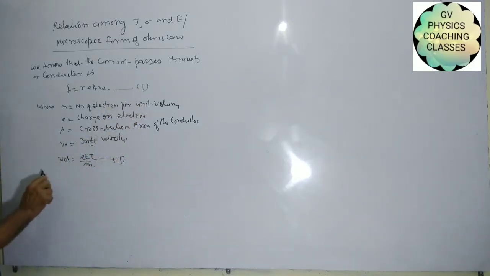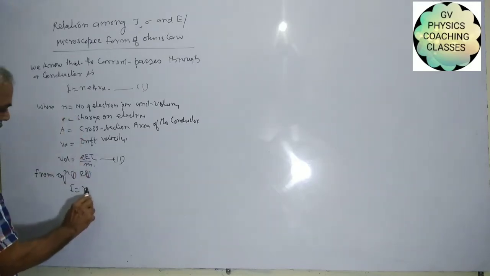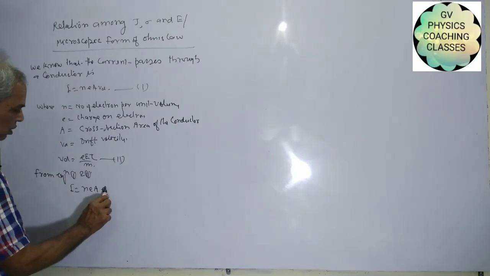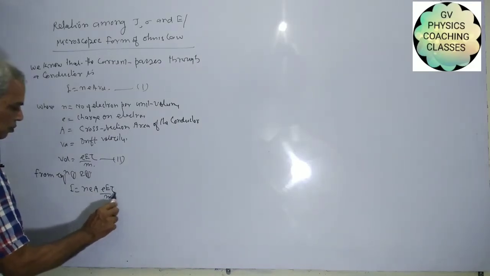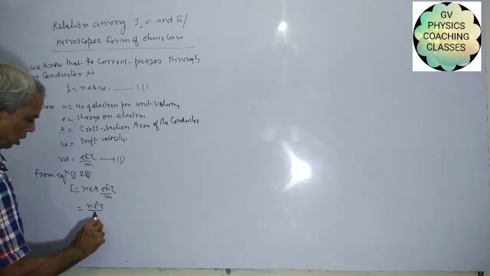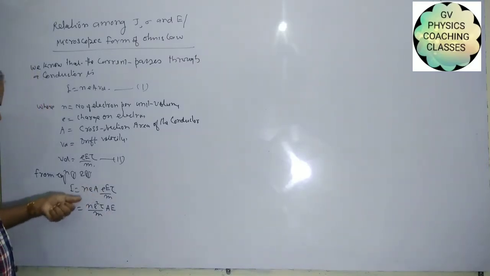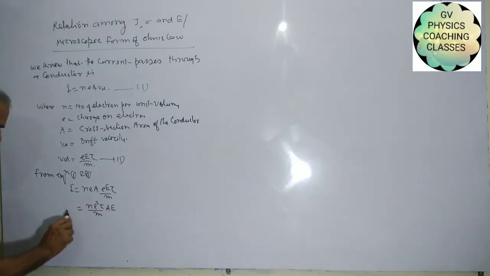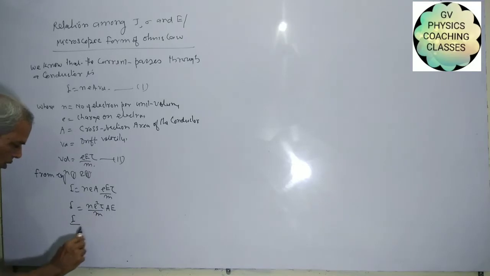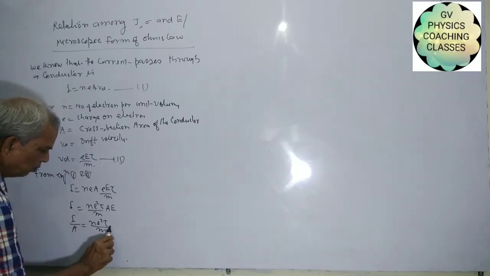From equation first and second, I equal to n e square tau upon m into A E. So I upon A equal to n e square tau upon m into E.